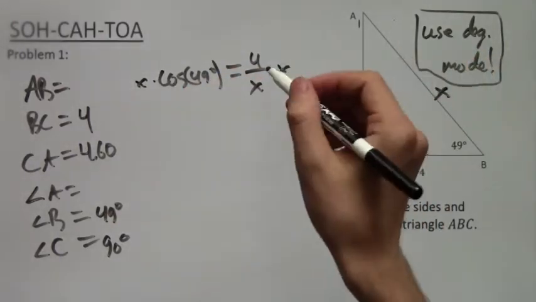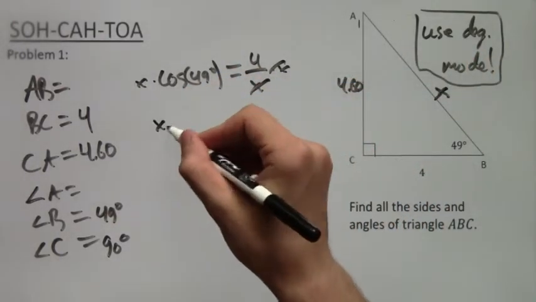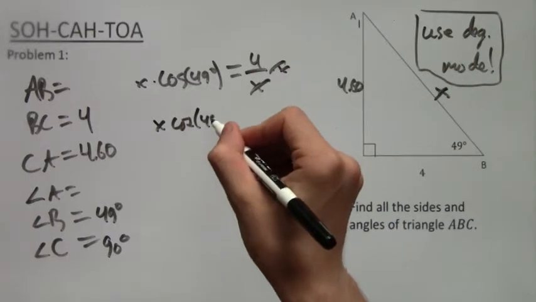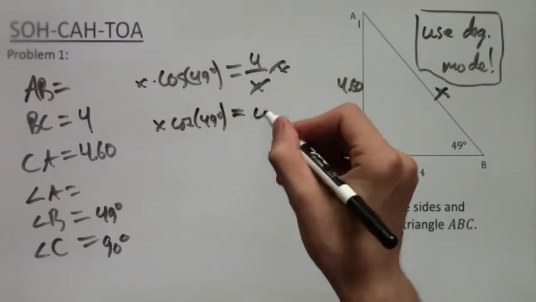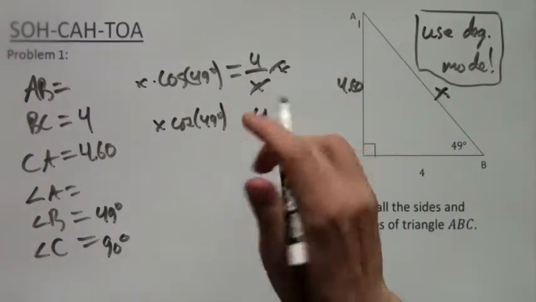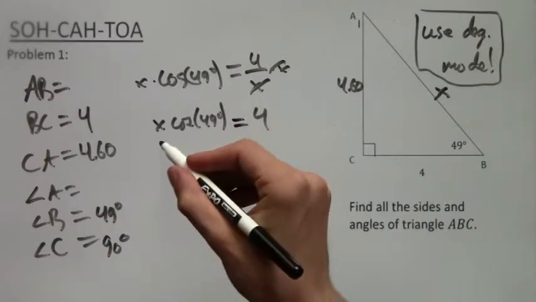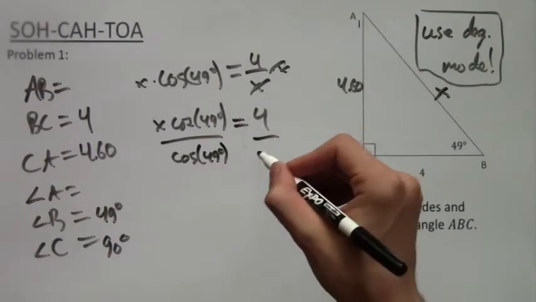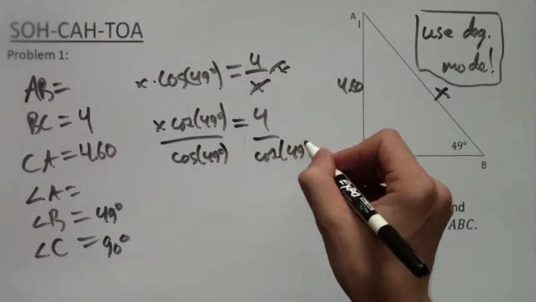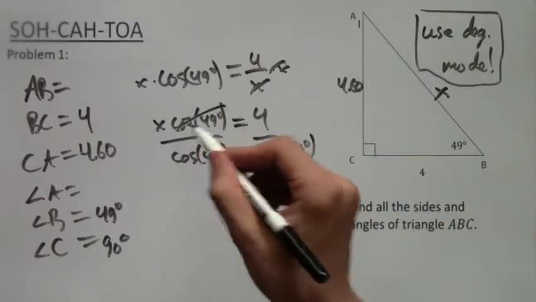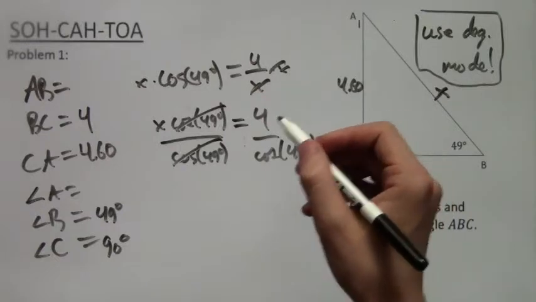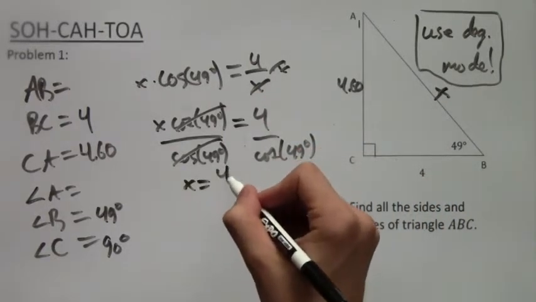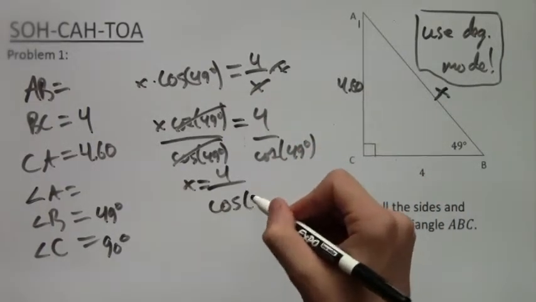So now we just solve for x, and so far we're at x times cosine of 49 degrees equals 4. And then we divide on both sides by cosine of 49 degrees, and we get x equals 4 over cosine of 49 degrees.